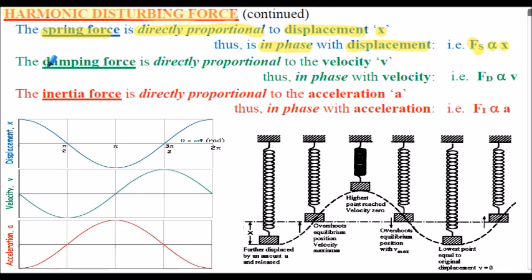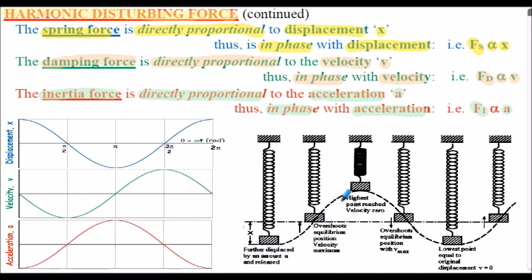Damping force is directly proportional to the velocity v, so damping force is in phase with the velocity, written as Fd is proportional to v. And the inertia force is directly proportional to the acceleration a. So again we say the inertia force is in phase with the acceleration, or inertia force Fi is proportional to a.